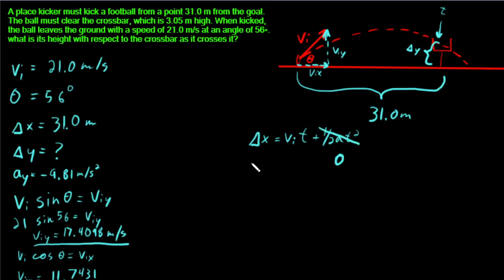So all I'll be left with is delta x equals VI, 11.7431 times t. And then this part is now 0, so plus 0, I'll just go ahead and leave that out. And then solving that, I get that time is equal to 2.6399 seconds.